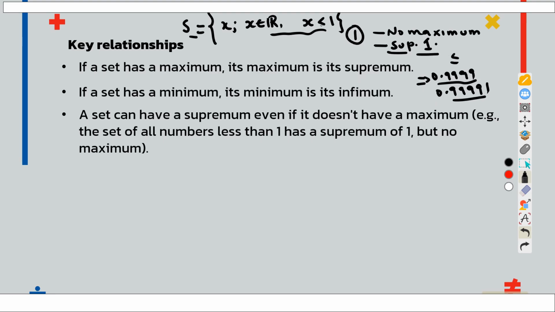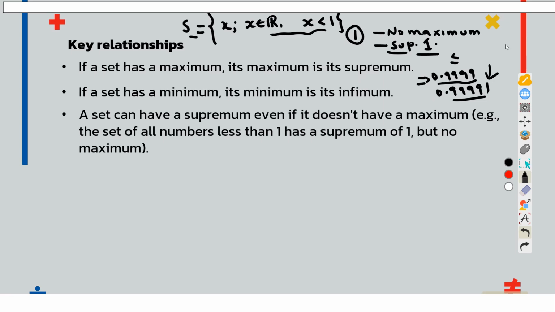So there is no other number that will exceed 1. So 1 becomes the supremum. But 1 cannot be the maximum because 1 is not an element of this set. And whichever number that is less than 1 you think about, there will be a number that is greater than that number. That's why we cannot say there is a maximum within this set.